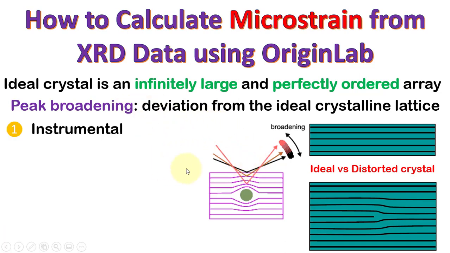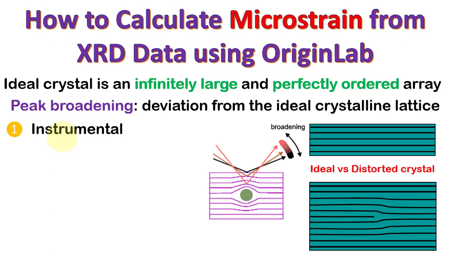However, this broadening of the XRD peak is not only due to the sample but can also be due to the instrument. To get the actual broadening due to the sample, we will have to subtract the broadening caused by the instrument with the help of measurement of some standards.